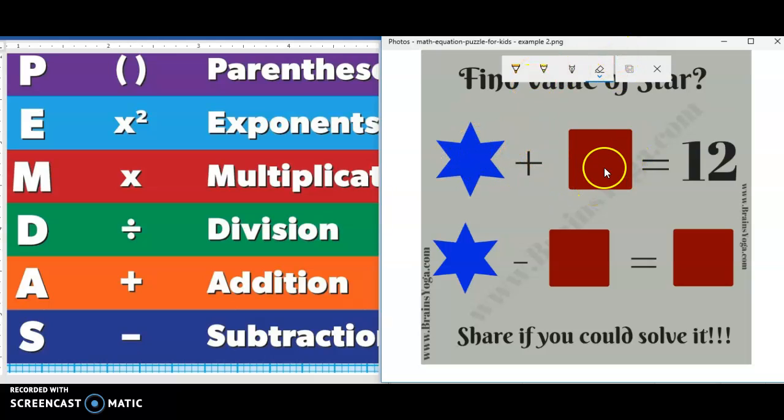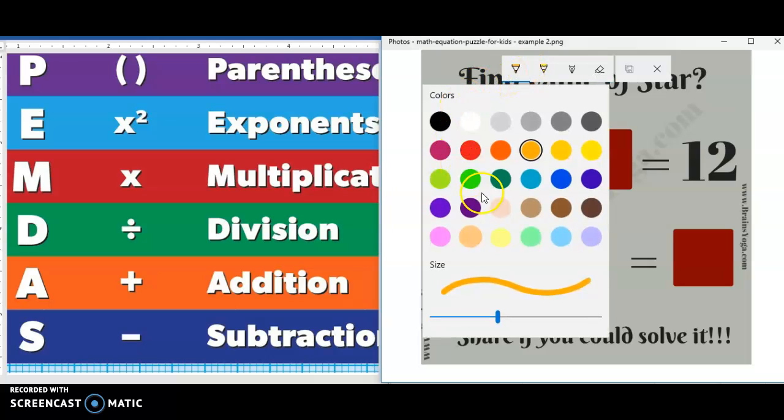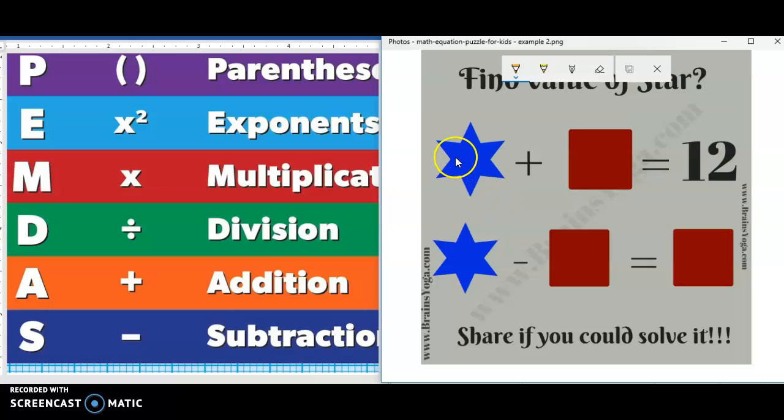I know 6 plus 6 is 12, but I know 6 minus 6 does not equal 6. So I have to brainstorm some more. What are the 2 that get me to 12? I could do 11 plus 1, but 11 minus 1 is not 1. So, what else could I try?